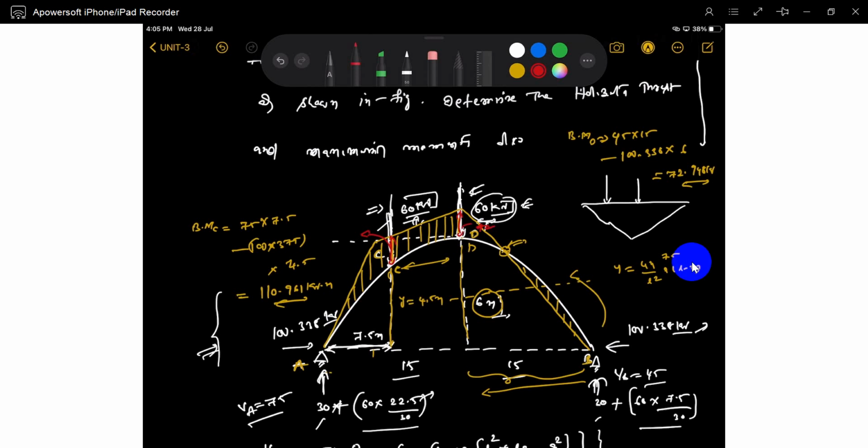Most probably the bending moments are maximum at the application of the load. You already know it: when a load is applied, it has the maximum bending moment.